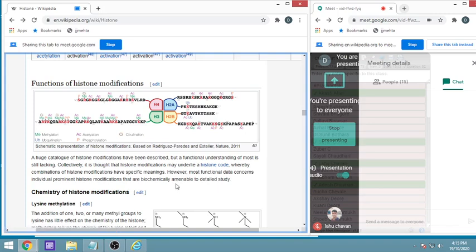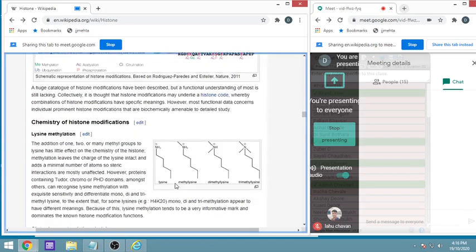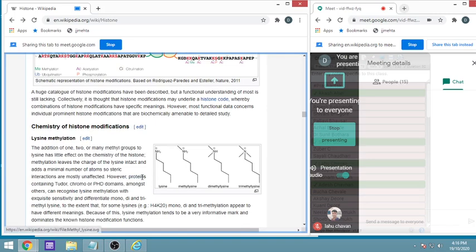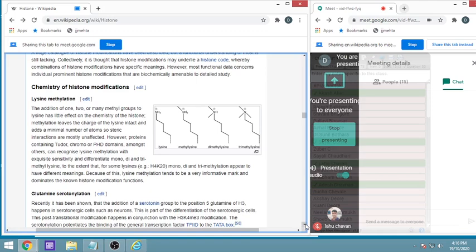The most prominent one is lysine, and therefore the example is given of lysine, but there are others also. Here we can see lysine methylation. Whenever lysine has a methyl group attached, it will be methyl lysine, dimethyl lysine, trimethyl lysine, like that.